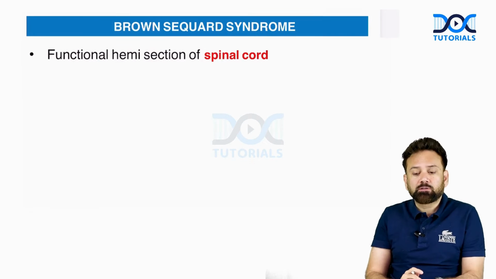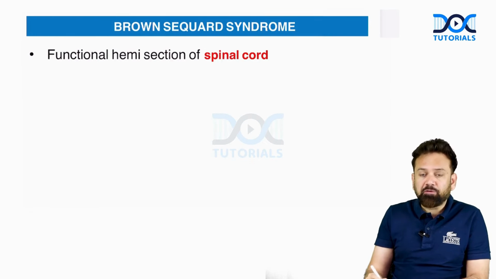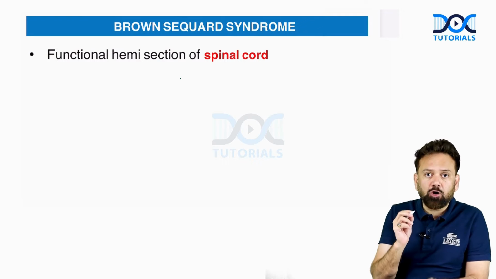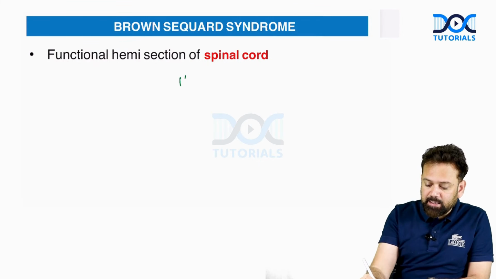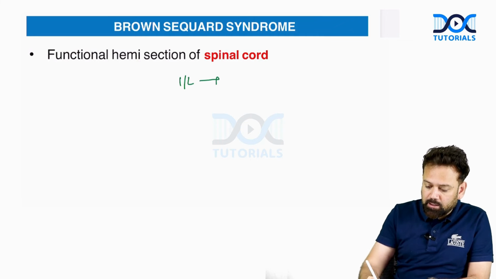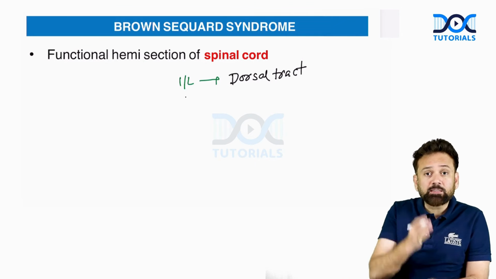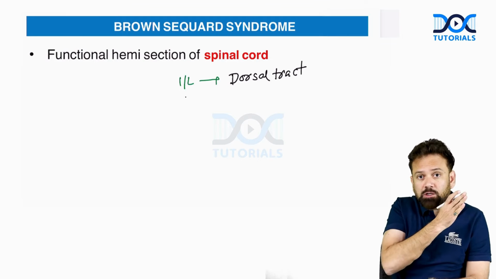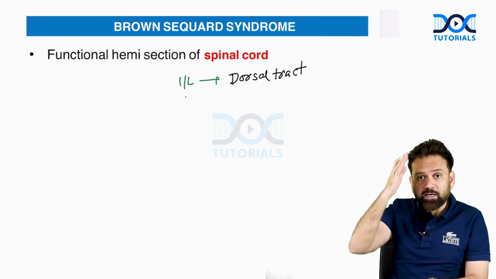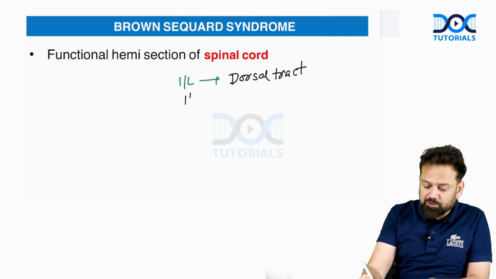Now, Brown-Sequard syndrome. What is this? It is functional hemisection of the spinal cord. Here we will get an ipsilateral problem in the dorsal tract, because it is hemisection of the spinal cord, na? And the dorsal tract is not crossing. Motor tracts are also not crossing. So ipsilateral problem with the dorsal tract, and ipsilateral also in the motor pathway.